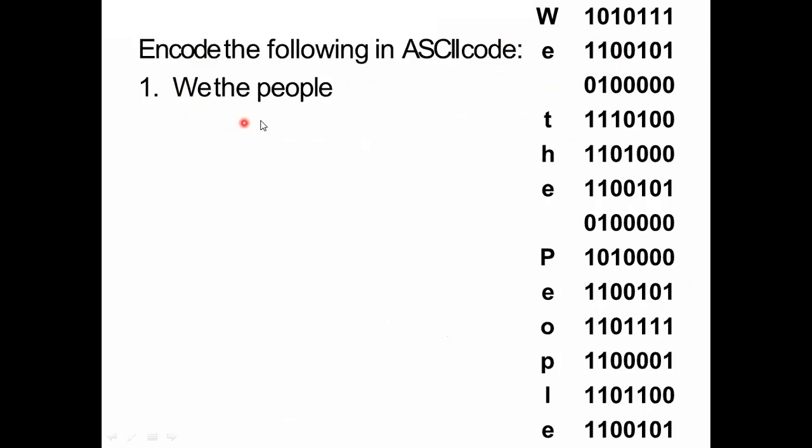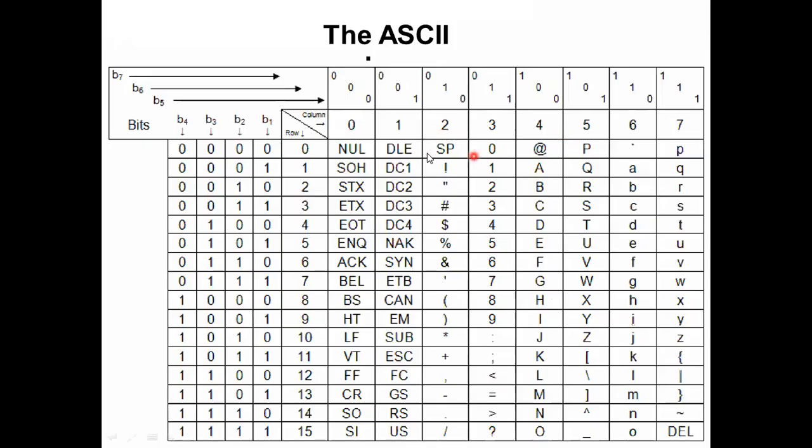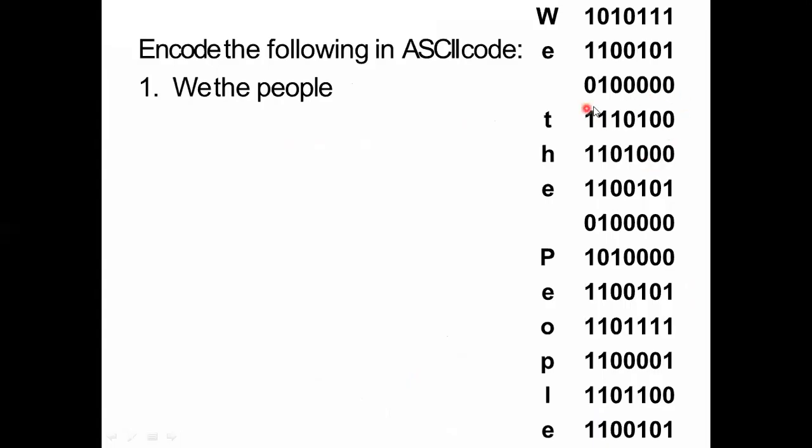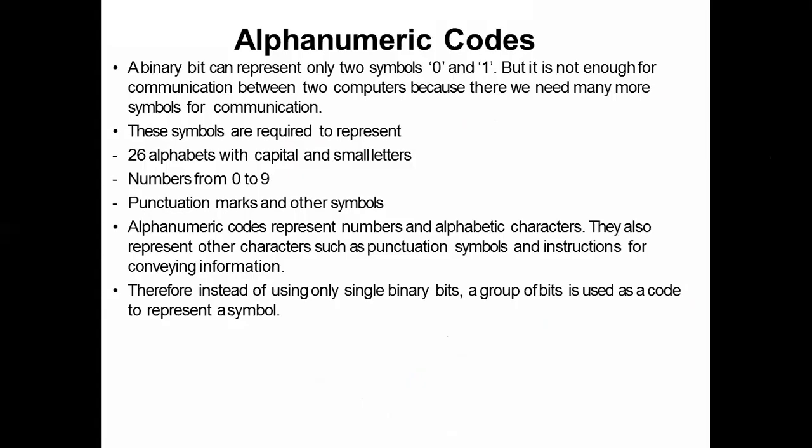Here a space is there. For space also there is an equivalent ASCII code. SP is the space here. What is the equivalent code? 010 0000. Next, small t.